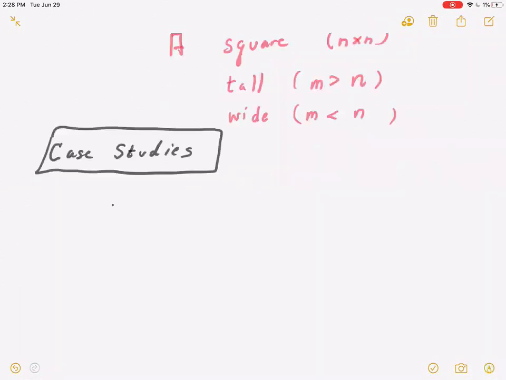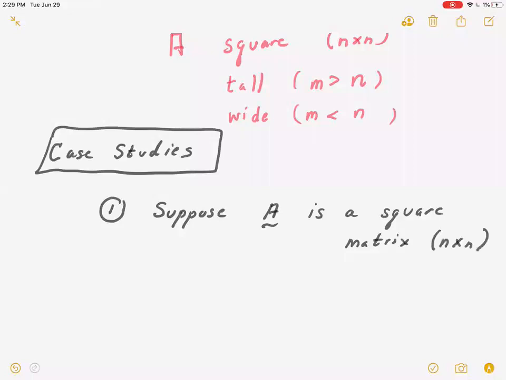So the first case study I want to look at is, suppose the matrix A is a square matrix of order n. It has n rows and n columns. And again, this is really important. I'm sitting down here now and summarizing everything I've done in the first 5 lectures, but I'm putting it in a very simple, compact notation. That's the beauty of linear algebra.